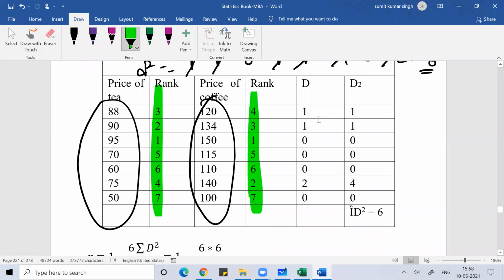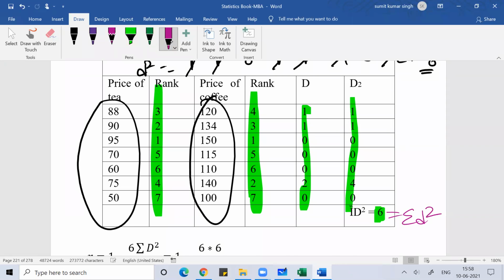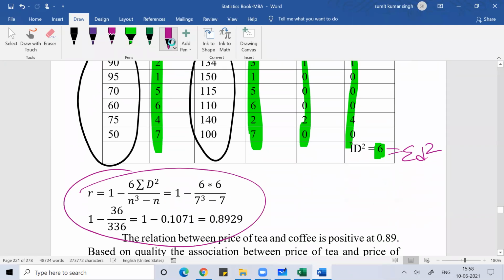Once you find the difference, you do the square of that and the sum of that. This is the sum of d square. Once you get that, you apply this formula and you'll get the r value. Clear, everyone?